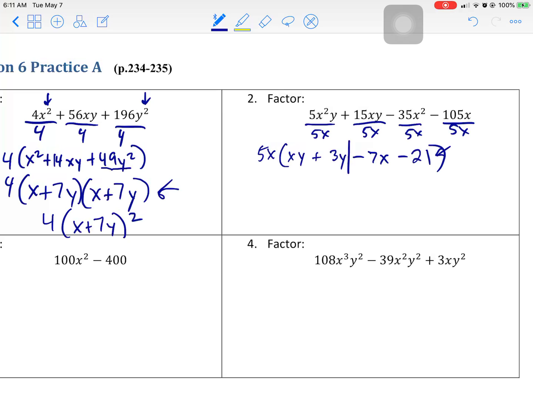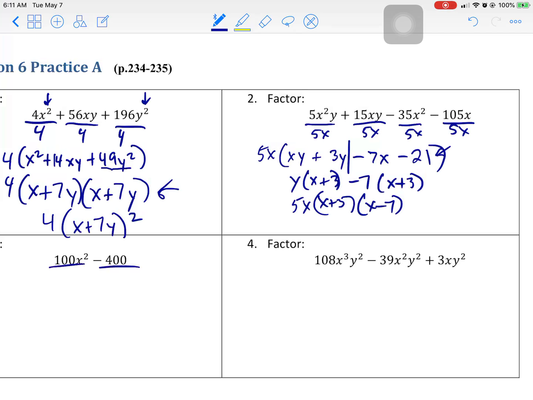So let's go ahead and divide. Let's ignore this 5x for a minute just to get the greatest common factor out of the front half. Same over here. Pull out the 7. That works. So (x plus 3)(y minus 7), and then the 5x goes in front is the answer to that one.